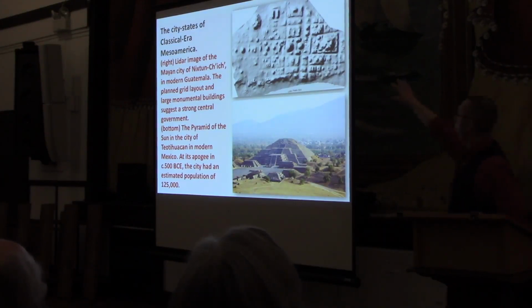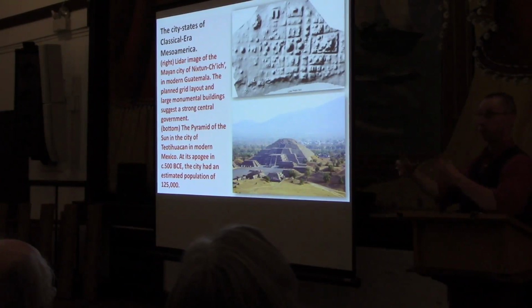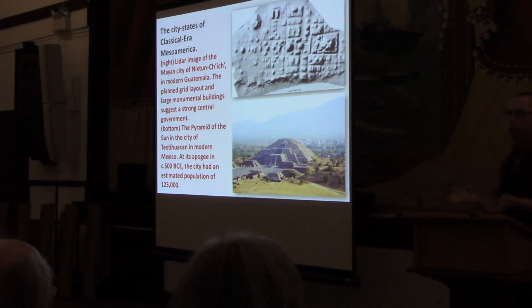You can see in the middle left here a monumental pyramid, probably human sacrifice, and the grid system. This is just a part of a small population of 100,000, 120,000 people.